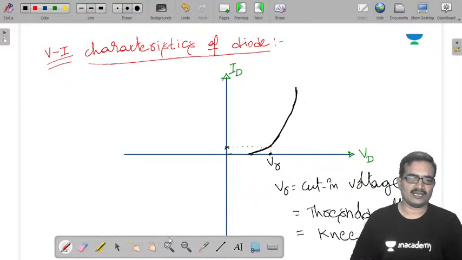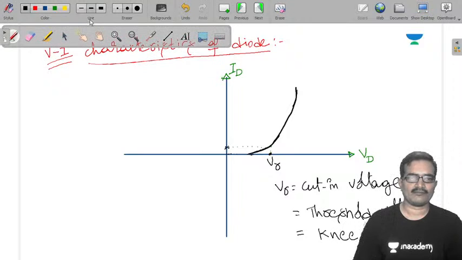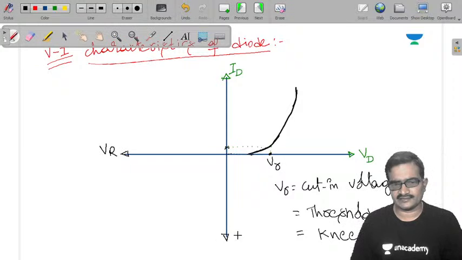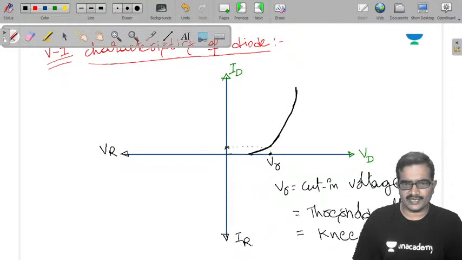Now under reverse bias conditions, this is the applied reverse voltage and this is the reverse current. Initially the current increases a little bit, and after that it is constant.